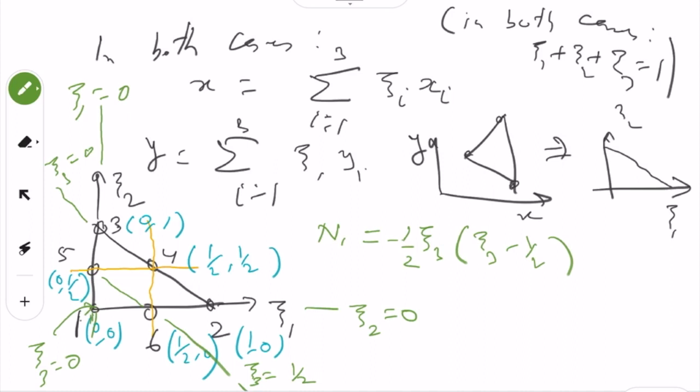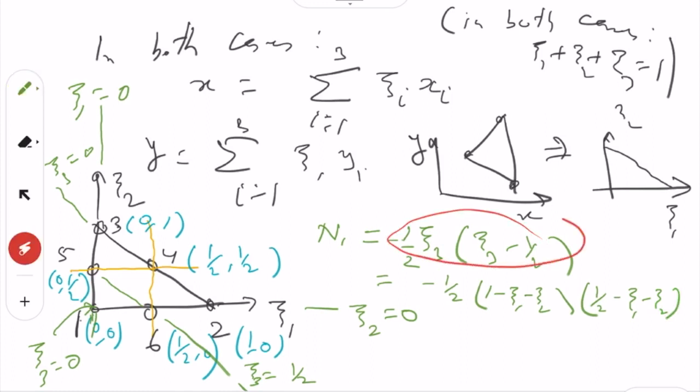Or if you want to write in terms of xi1 xi2 only, you can write equal to minus half times 1 minus xi1 minus xi2, and then you can write half minus xi1 minus xi2. So either you can write in a compact form like this one, including xi3 as one of the triangular coordinate system, or you can just write xi1 xi2 in terms of the isoparametric system. So both are correct.